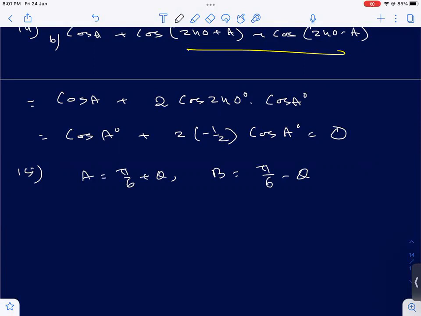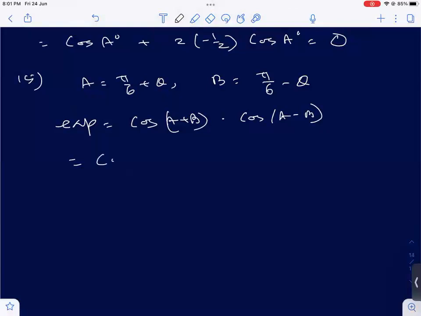Putting in the values, we are getting cos 2 pi by 6 into cos 2 theta, which is half cos 2 theta. So the 15 option is A.